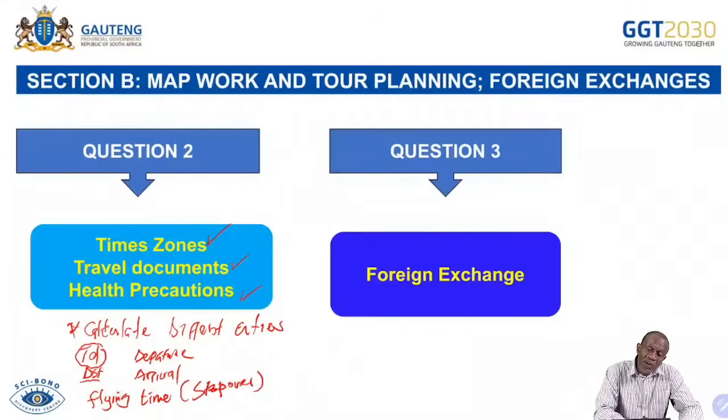You know how to calculate the DST, and insofar as the DST is concerned, I would advise you, grade 12 learners, to calculate the DST from the beginning of your answer. Remember, DST stands for Daylight Saving Time.